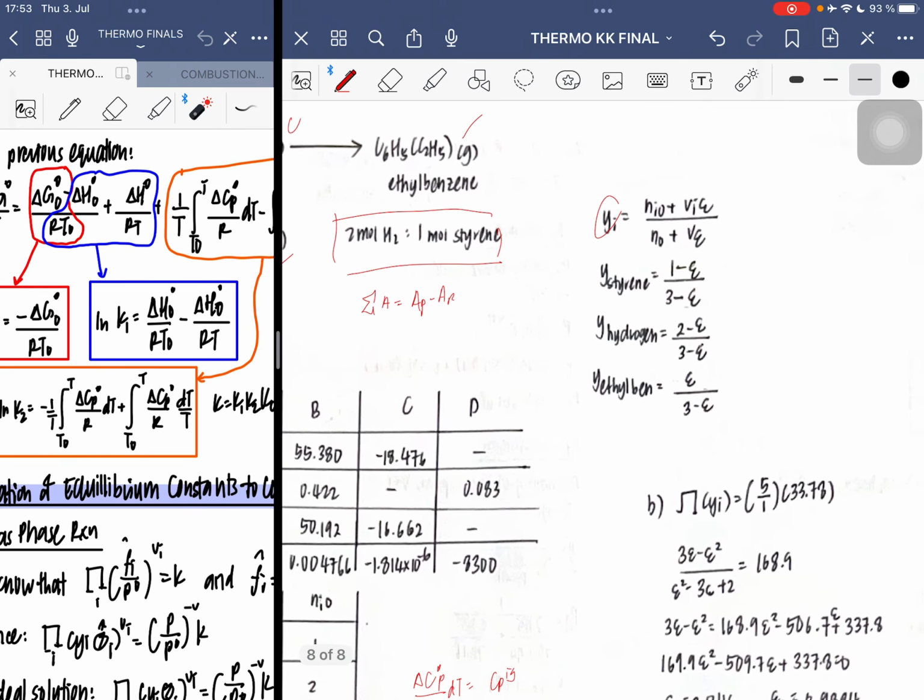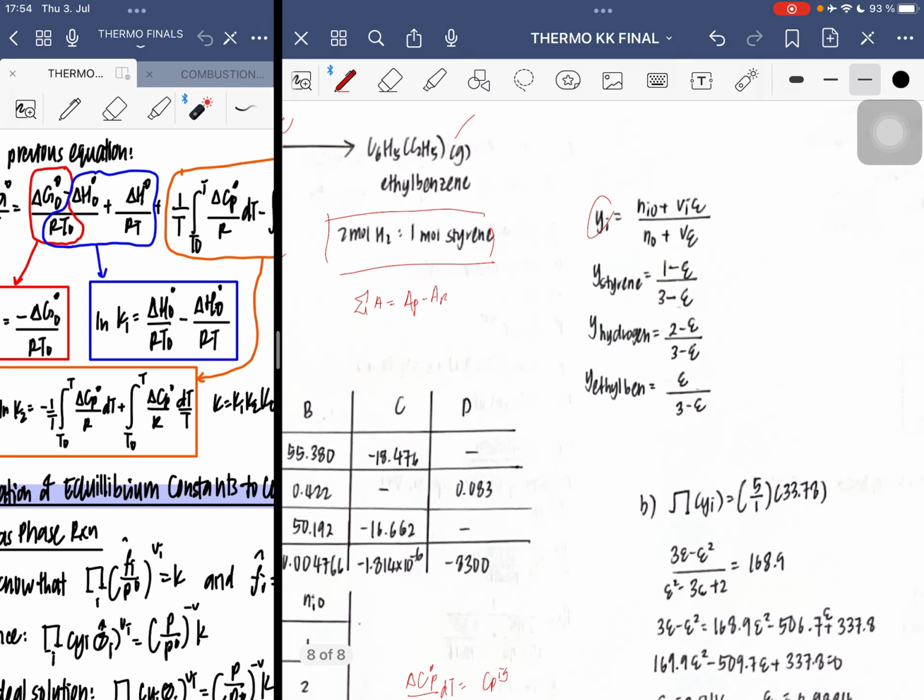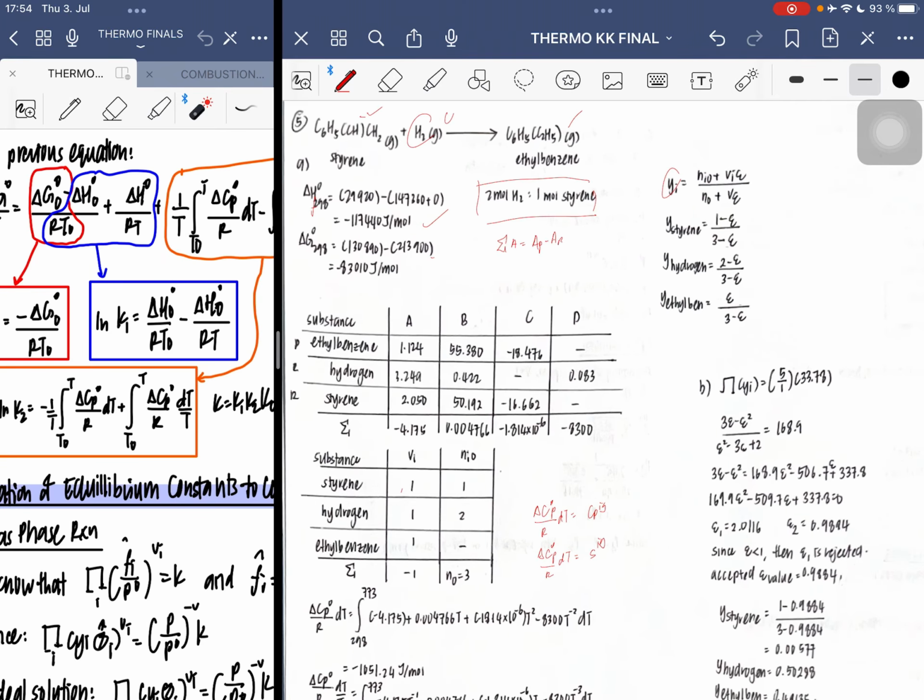So what I want you to do is construct this table. First, the Vi, or stoichiometric coefficient, is 1, 1, 1, right? So it's product minus reactant, 1 minus 1 minus 1, so you get negative 1.